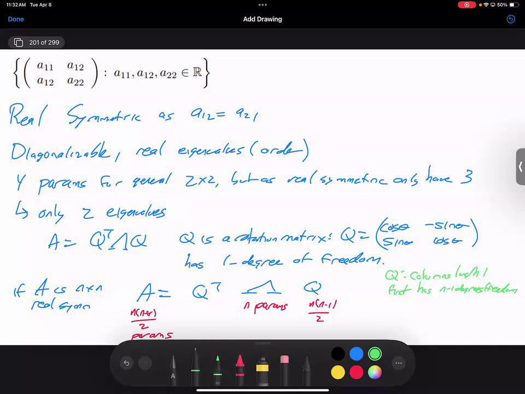What about the second column, now that you know the first? How many degrees of freedom does the second have? One less. Why one less? It depends on the first. How does it depend on the first?